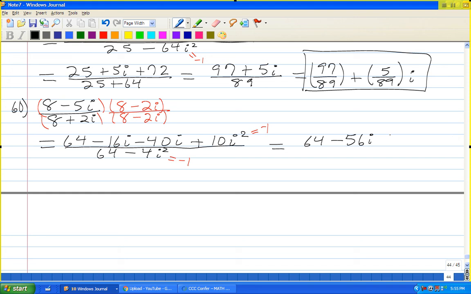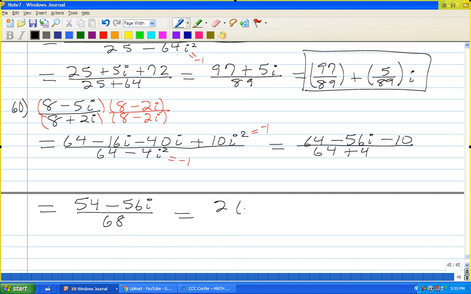The plus 10i squared becomes a minus 10. The minus 4i squared becomes a plus 4. And so this is equal to 64 minus 10, 54, minus 56i over 64 plus 4, 68.